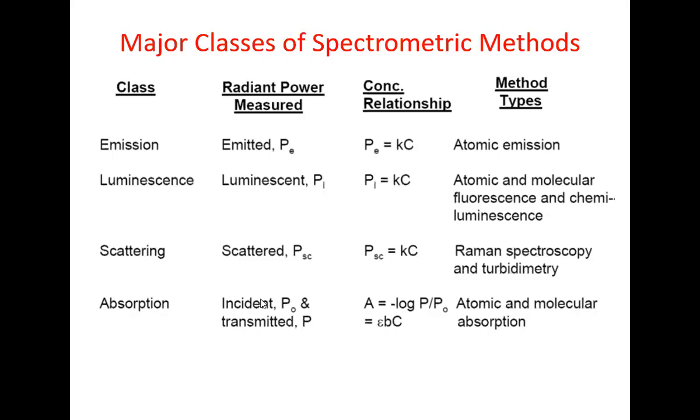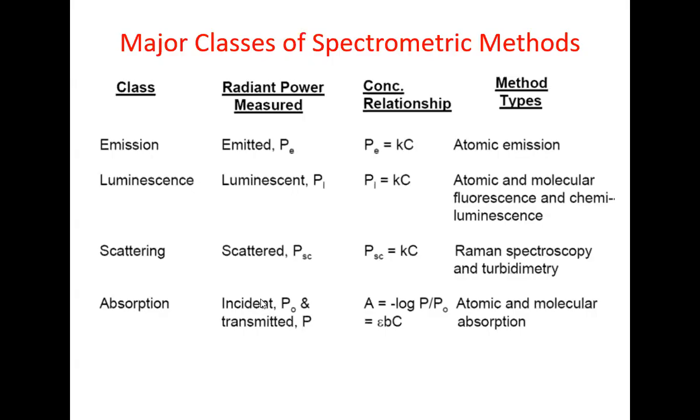So in this case, notice the radiant power that is measured is the emitted power, P sub E. When we talk about emission, the emitted amount of light is directly proportional to concentration. This is Beer's law. If we are talking about emission specifically, it is atomic emission.